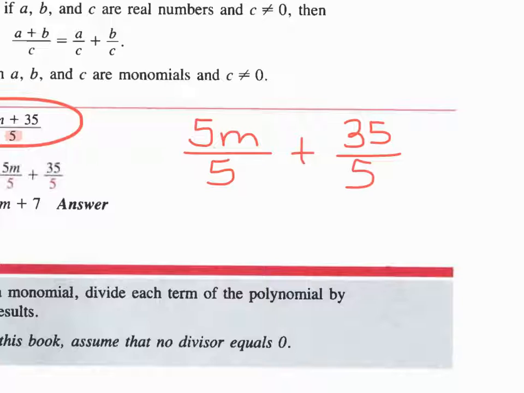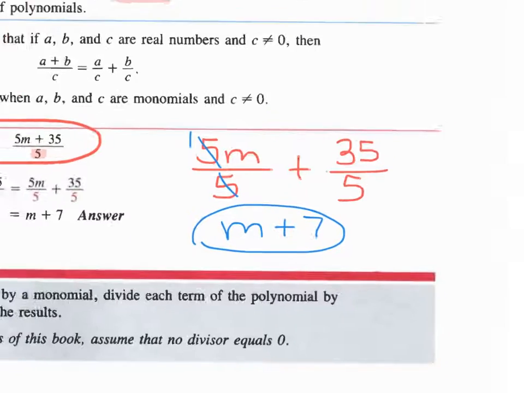When I do the first fraction, the 5m divided by 5, anything divided by itself, 5 divided by 5 is 1. So I'm left with 1m for the first fraction. And then the second fraction, I'm just going to divide 35 by 5, and my answer is 7. So my answer here is going to be the binomial m plus 7.